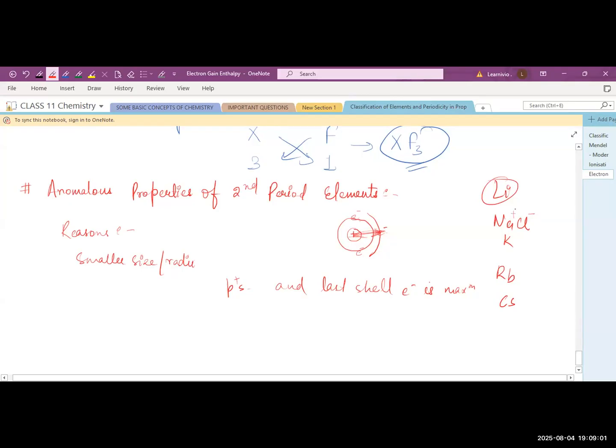A lot of energy will be needed for an electron to enter the last unfulfilled subshell and to complete the structure. So that's why lithium की जो properties होती हैं, इस behavior जो होता है, it's quite different from the others. So that's why lithium forms some anomalies in their behavior. Clear?